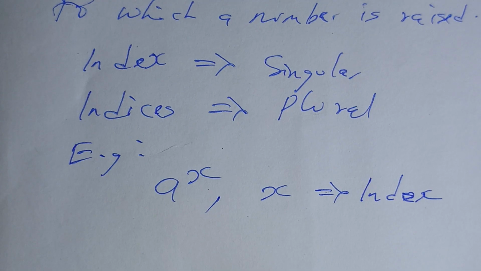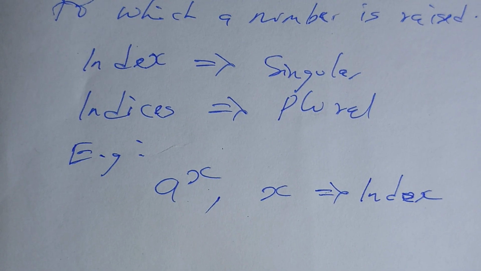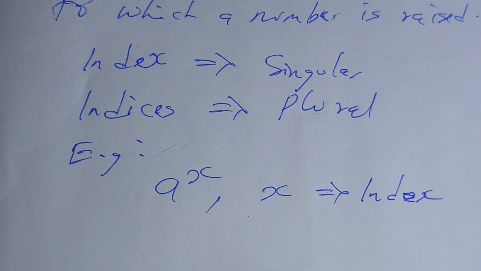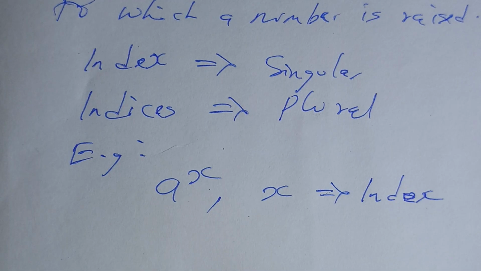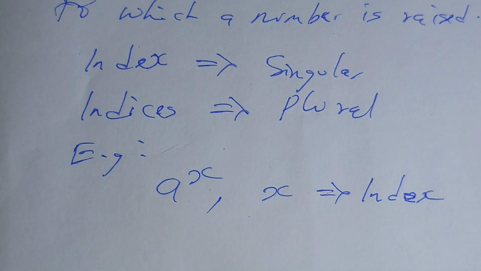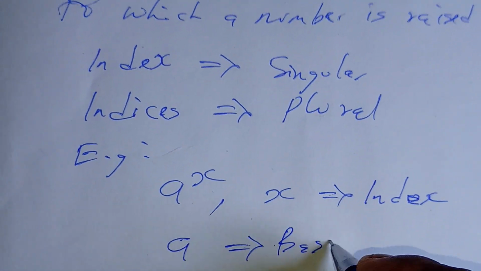So indices simply means powers, and in English language it's called superscript. Whatever you see on top of a number, on top of a value, on top of a letter, on top of a symbol is called an index, or plural form called indices. So in this case, if a raised to power x, then x is the index, while a is called the base.